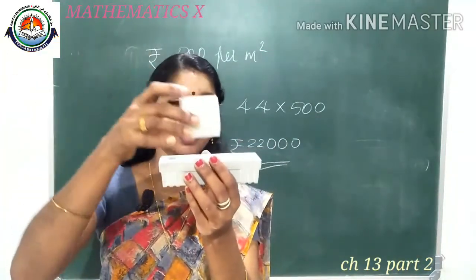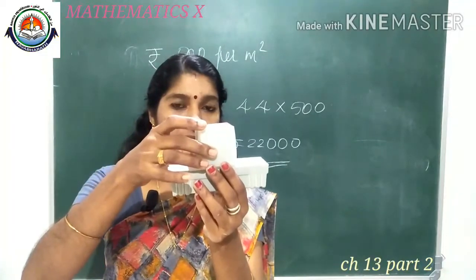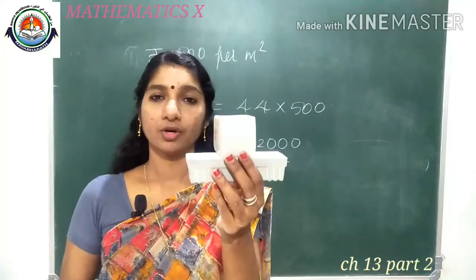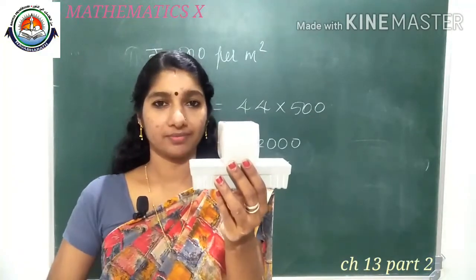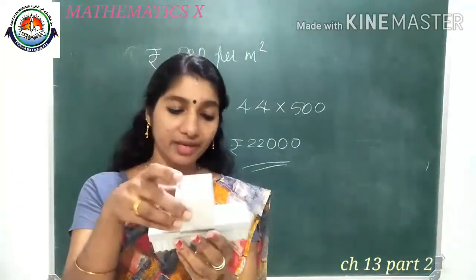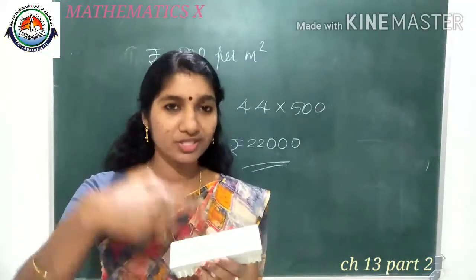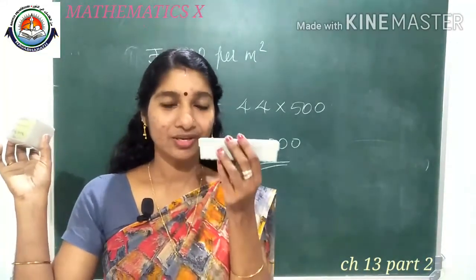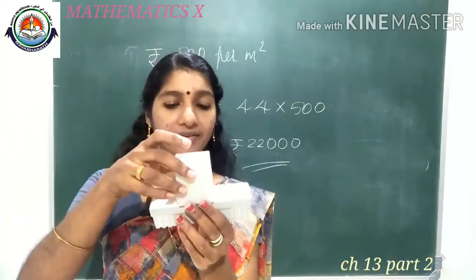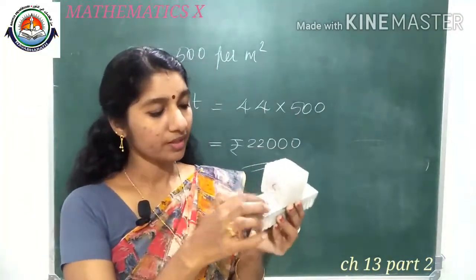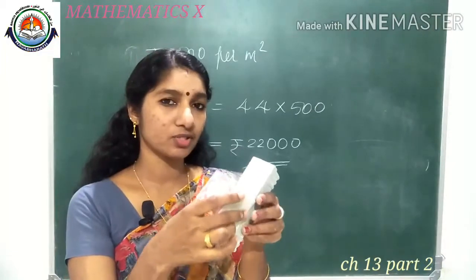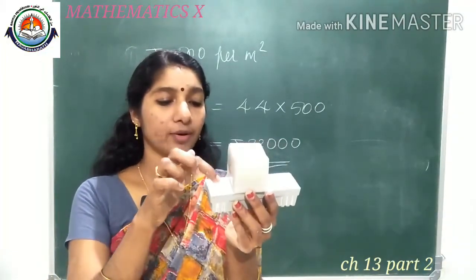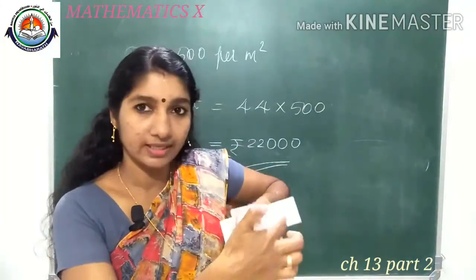If I am fixing this one, what will happen? Any change for the volume? No change for the volume. Volume will be the same. About surface area only, when we are fixing this one, this much portion is not seen. That is not the surface now, isn't it? So, if it is about surface area, when we are fixing like this, if these two are the same squares, we need to think about this surface separately.